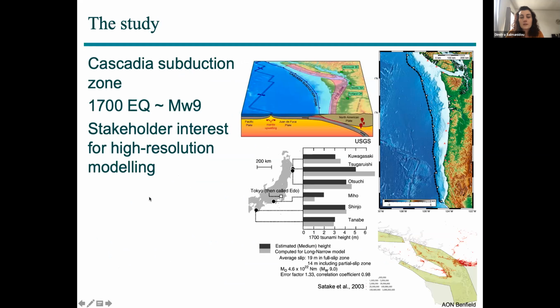So the region of interest is the Cascadia subduction zone. It's located in the US Pacific Northwest and Southwestern British Columbia. It's a very long zone that falls in the interface of the subducting Juan de Fuca plate and the overriding North American plate, and is capable of great earthquakes.